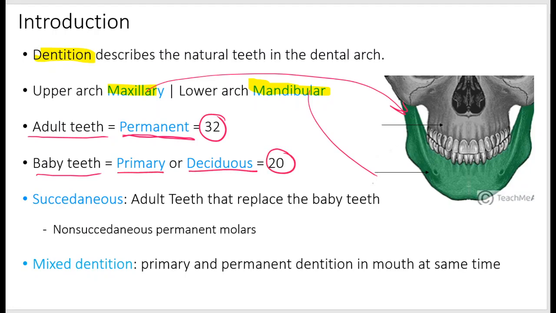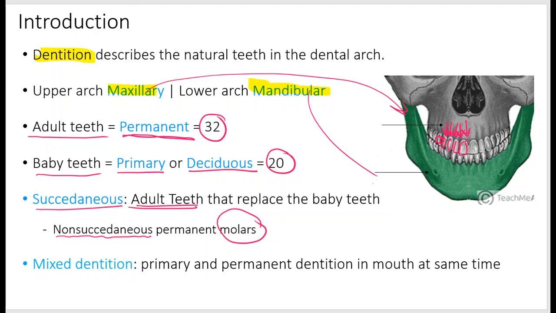Okay. We talked about succedaneous teeth in the previous lecture. Succedaneous teeth are the adult teeth that will replace baby teeth. So the only ones that are non-succedaneous are the molars. Why? Because the permanent teeth that are erupting, central, lateral, canine, and then first premolar, second premolar, are replacing all the baby teeth that were here, which were also central, lateral, canine, and first and second molar.